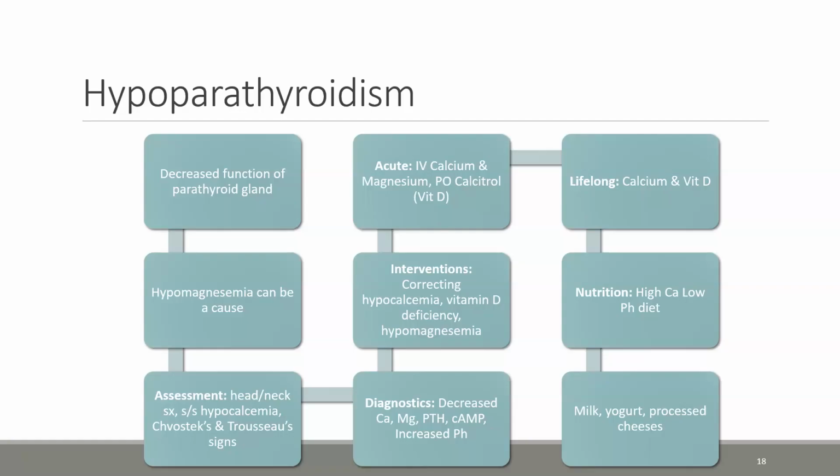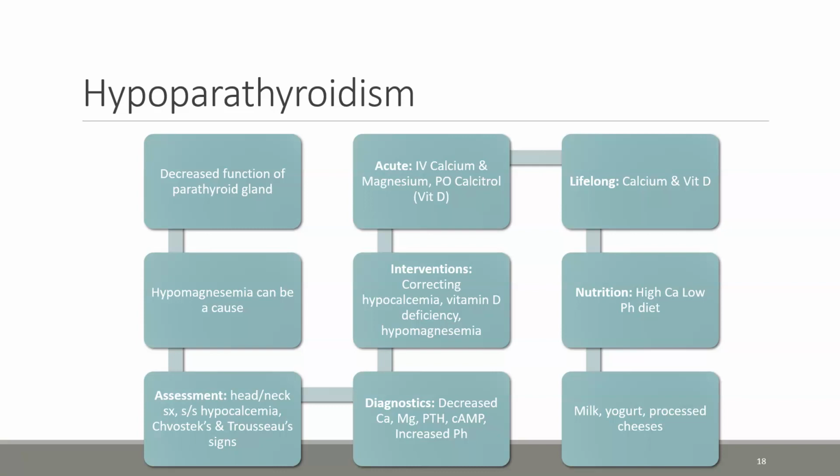Big things with hypoparathyroid, you see a decreasing function of the parathyroid gland. A lot of times they will need IV calcium and potassium. It can also cause hypomagnesium issues. Big thing here is, remember, when we have patients with that low calcium, they can have that Chvostek sign and Trousseau sign that we learned about during fluid and electrolyte class.